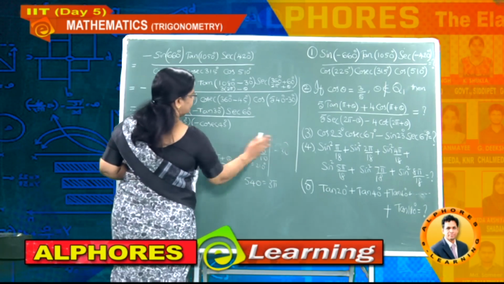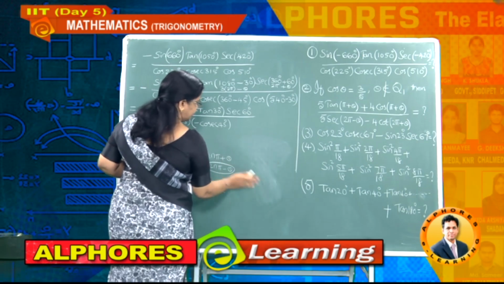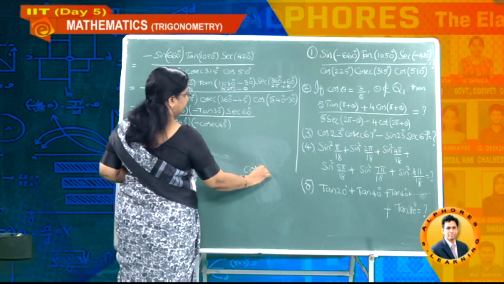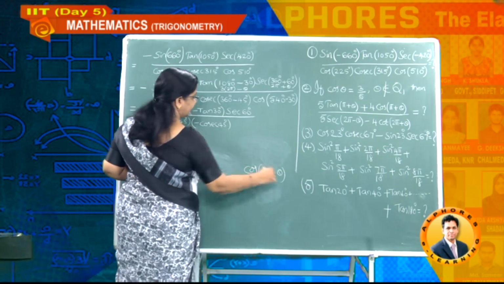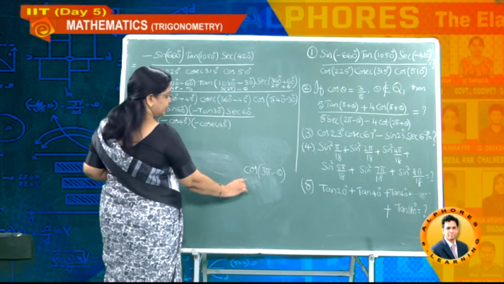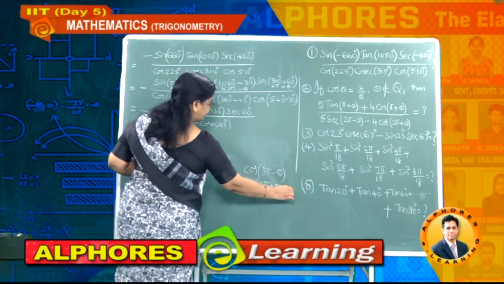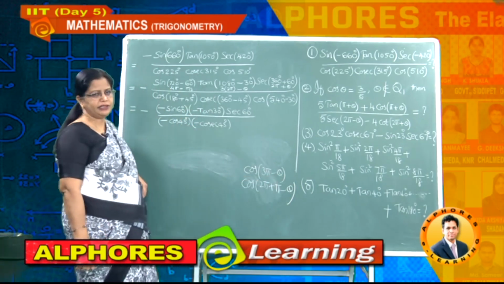So I will write this as cos of 3 pi minus theta, and this one you can write as 2 pi plus pi minus theta.